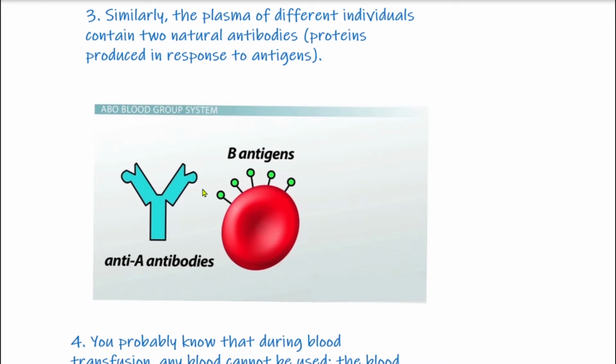So the blood of that person will carry antibodies against the A antigen, which are called anti-A antibodies.